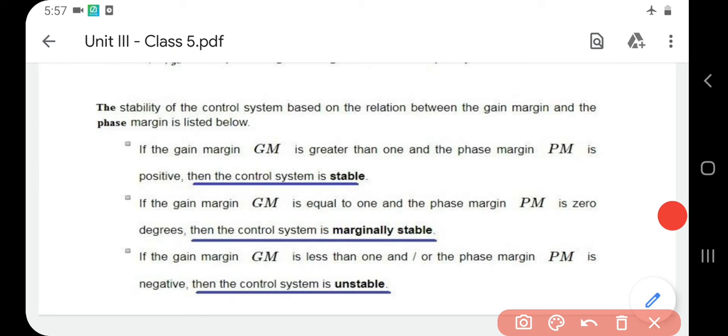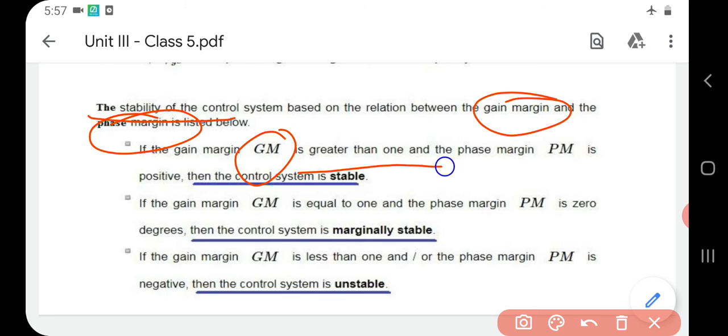Now we have another condition, that is, stability defined based on gain margin and phase margin. How will you decide the stability of a control system based on gain margin and phase margin? If gain margin GM is greater than 1 and the phase margin PM is positive, then the control system is stable.